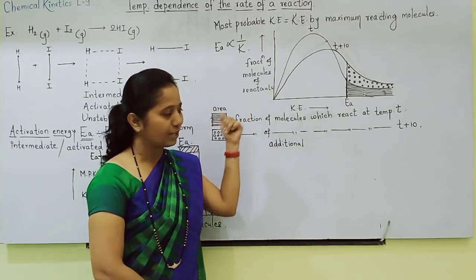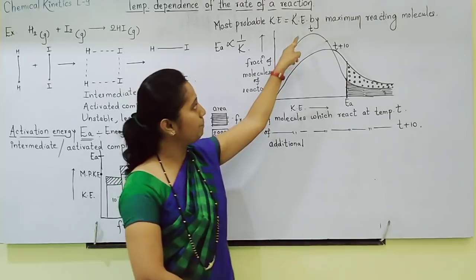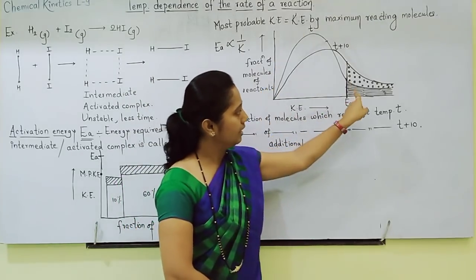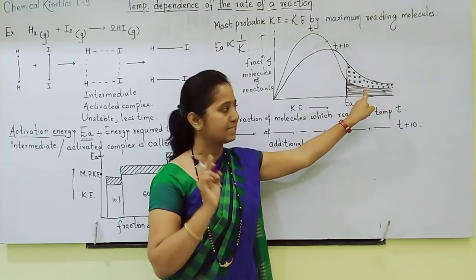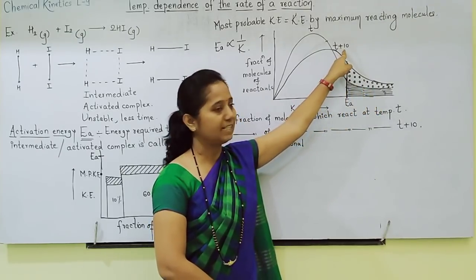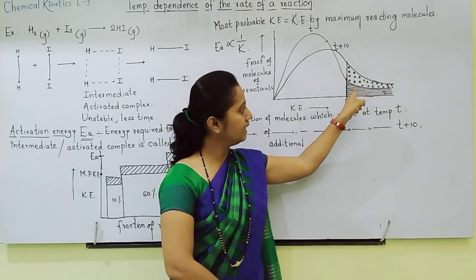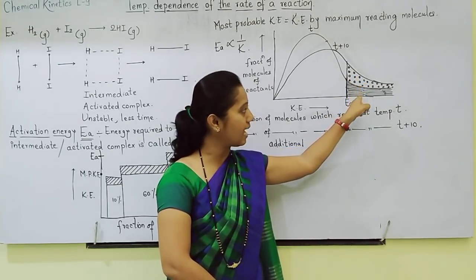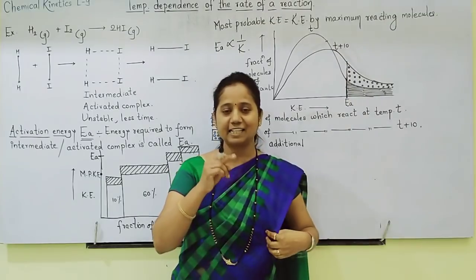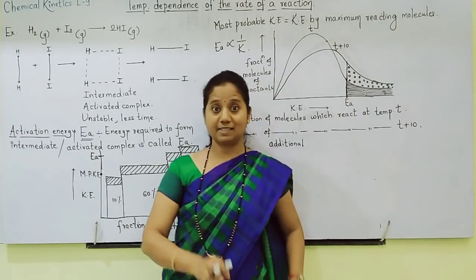Okay, so students, you can see very easily when temperature T was there, this lined area, that many molecules were reacting. When there is rise in temperature by 10 degree, then number of molecules which are reacting has become doubled. Area has doubled. That is rate of reaction doubles.